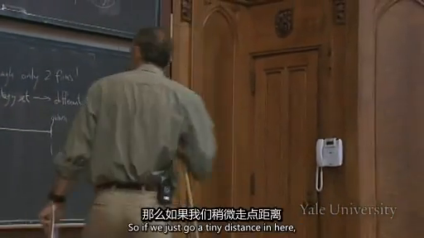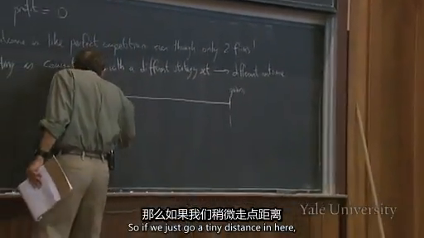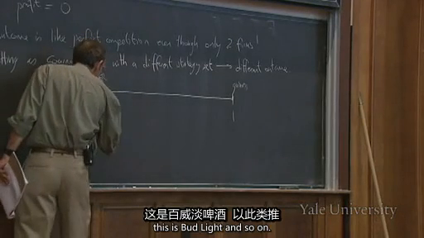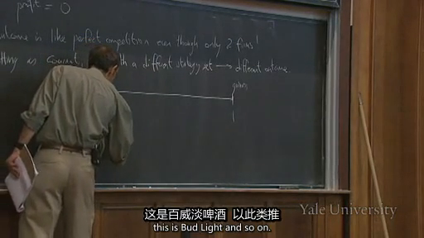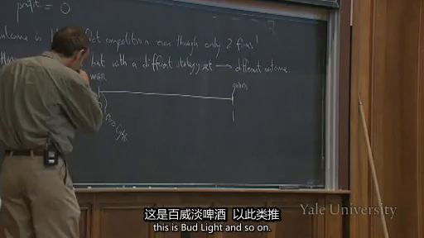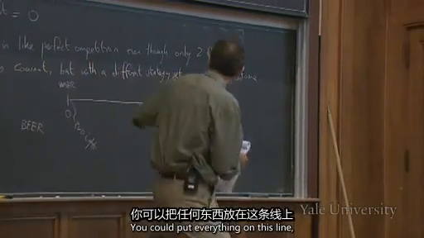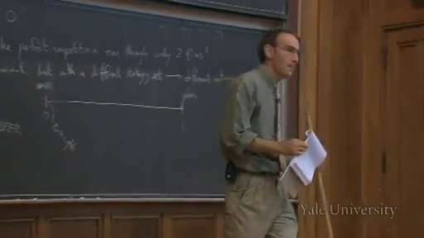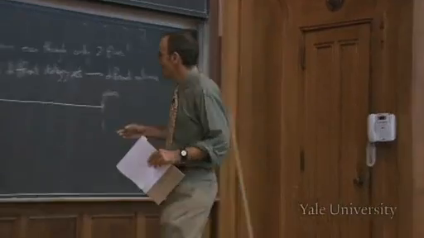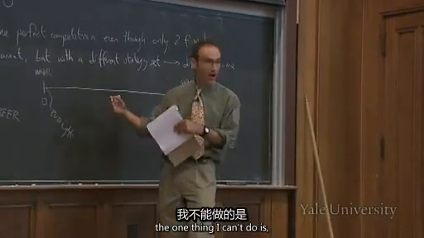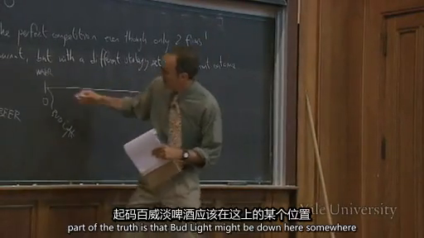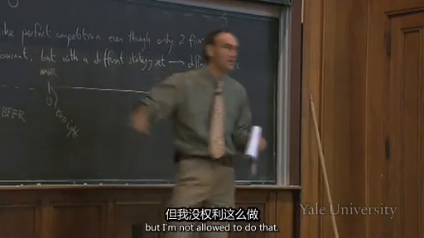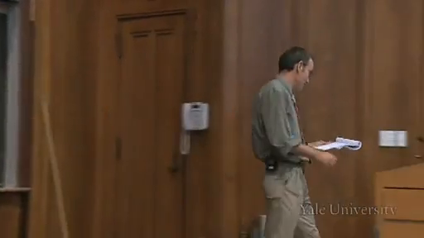So if we just go a tiny distance in here, this is Bud Light. Right, and so on. You could put everything on this line. The one thing I'm not allowed to do in this model is, the truth is, Bud Light might be down here somewhere, but I'm not allowed to do that. All right?